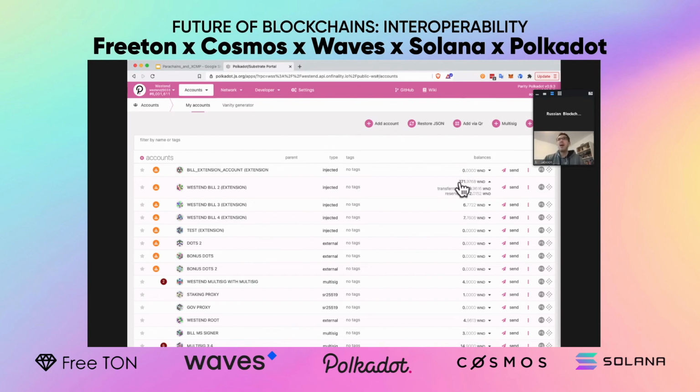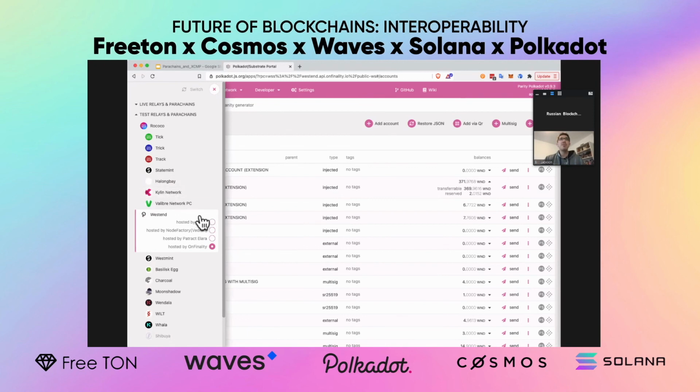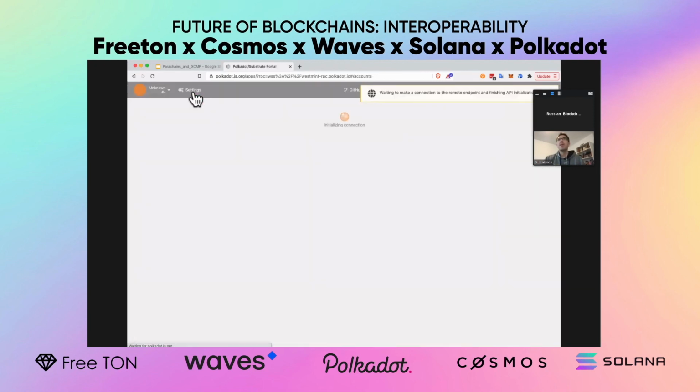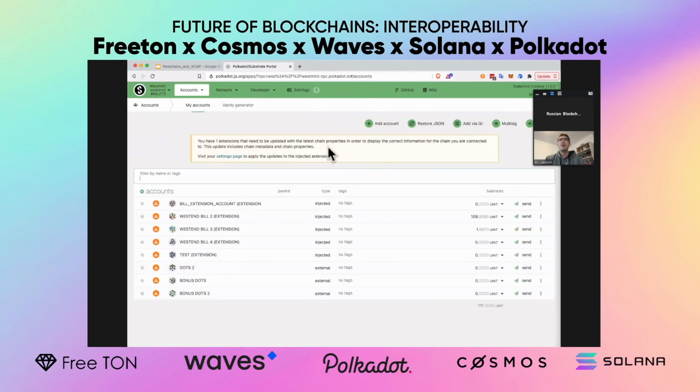We can see I'm now down to 371 Westies. But on this separate parachain, Westmint, so a different chain entirely, I have now increased from 104 to 109 Westies. And the reason we can do this is because all of these chains are working in the same web of trust, right?